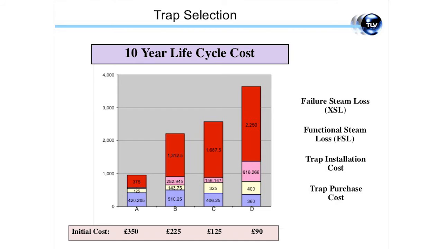So you have to buy 3 or 4 replacements and fit them, and you have the losses of when it failed, you've got a large steam loss. So the cycle cost is more important in our eyes than actually the purchase price.